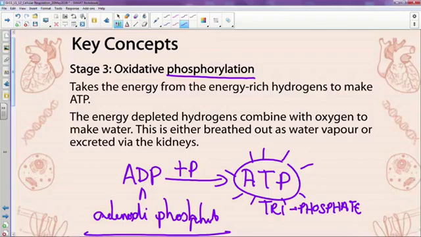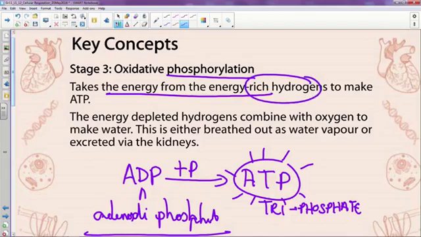So again, this takes energy from the energy-rich hydrogen atoms that have been produced during the Krebs cycle, as well as during the initial glycolysis stage. So it uses those energy-rich hydrogen atoms. In a series of steps, the energy is depleted from those atoms.